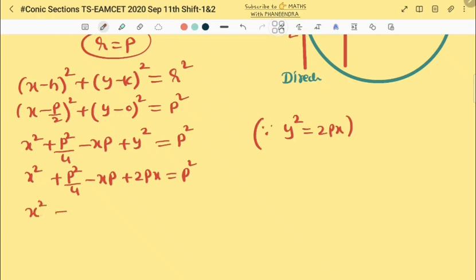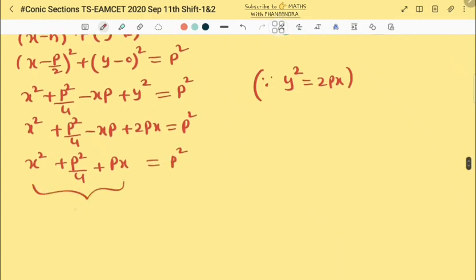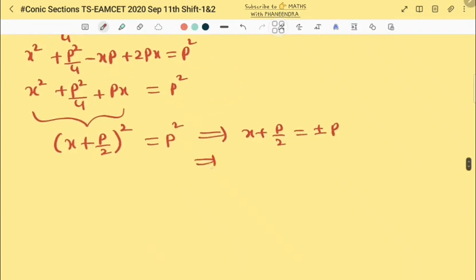So x square plus p square by 4 plus px is equal to p square. So again this is the expansion of x plus p by 2 whole square only. So whenever you remove squares here, x plus p by 2 is equal to plus or minus p, any one of the sides. So first case, x plus p by 2 is equal to plus p and x plus p by 2 is equal to minus p.